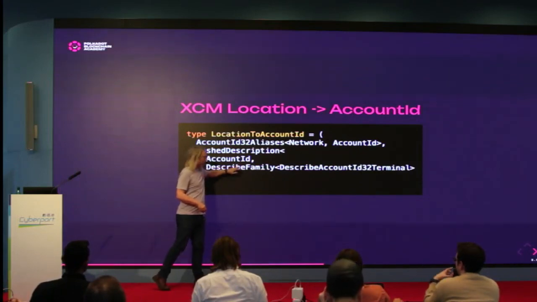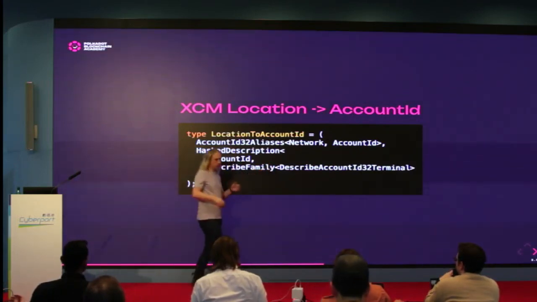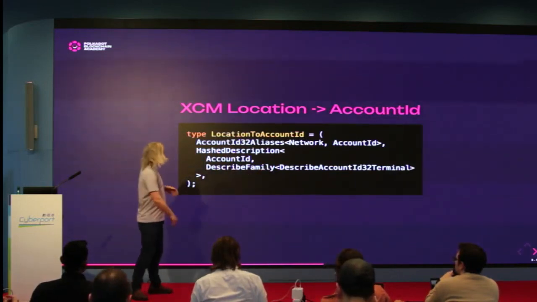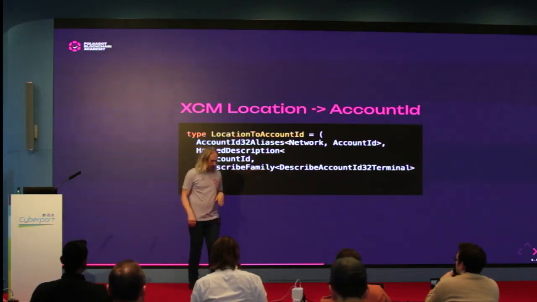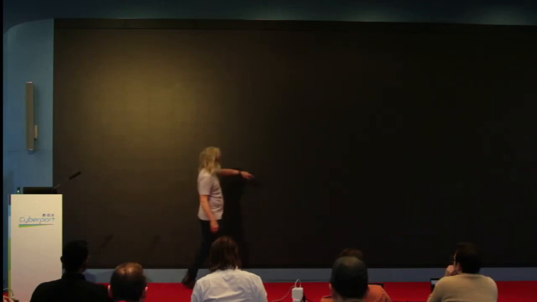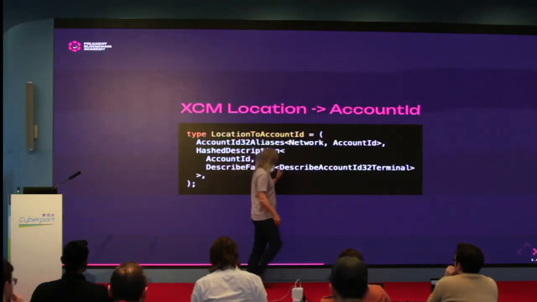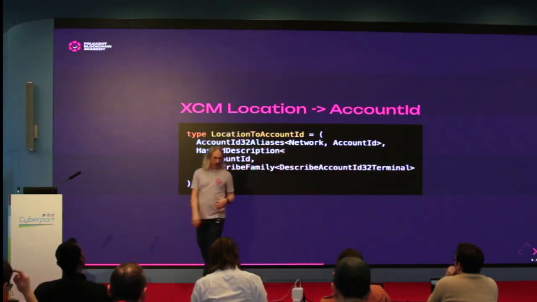Oh, okay. So first we actually do describe the family, which means if it's /moonbeam/gav, it will describe the /moonbeam as saying my sibling chain Moonbeam, and then the account ID 32. So Gav's account on my sibling chain Moonbeam.